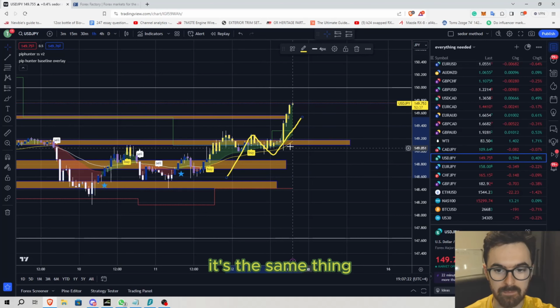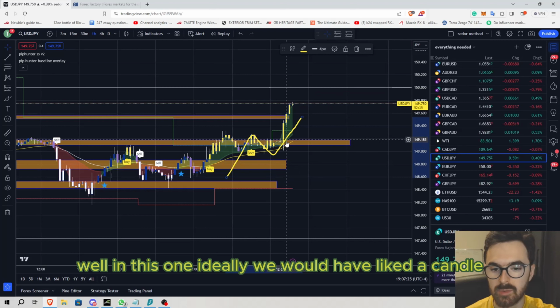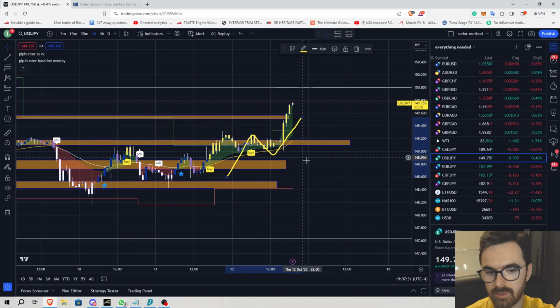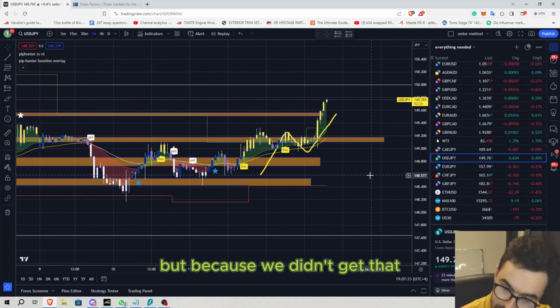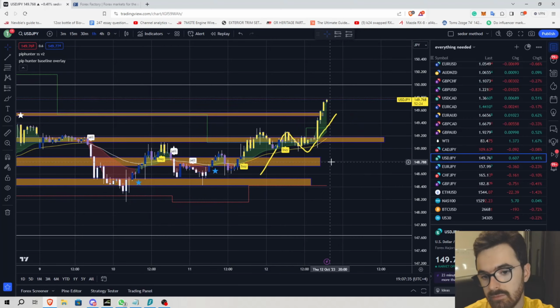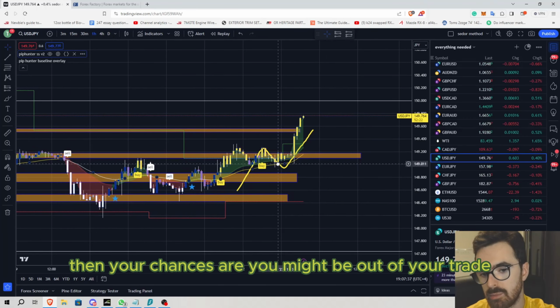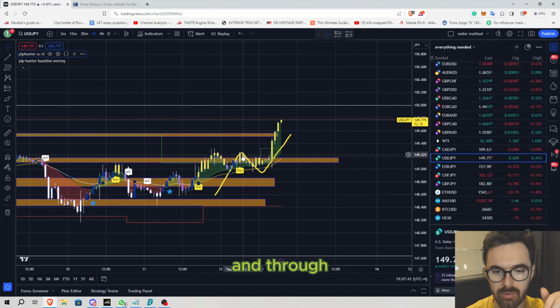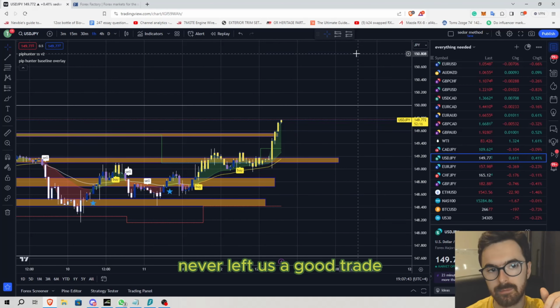It's the same thing. How do we set our stop loss? Well, on this one, ideally, we would have liked this candle to have broken through, and you could have just taken the buy signal then. But because we didn't get that, then your chances are you might be out of your trade because this candle just pulled all the way straight up and through, which never left us a good trade.